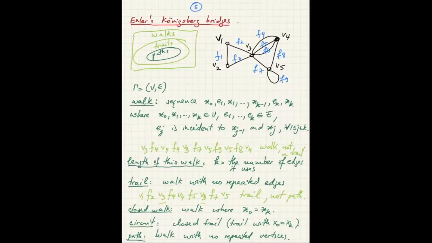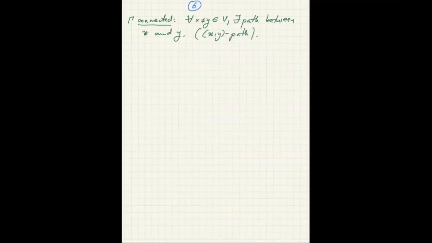And also here, like this walk that we describe here, we can call it an x0, xk walk, just to specify the starting point, x0, and the last vertex, which is xk. Okay. So connected means that between any two vertices there is a path. Okay. And I think we have all the definitions that we need.